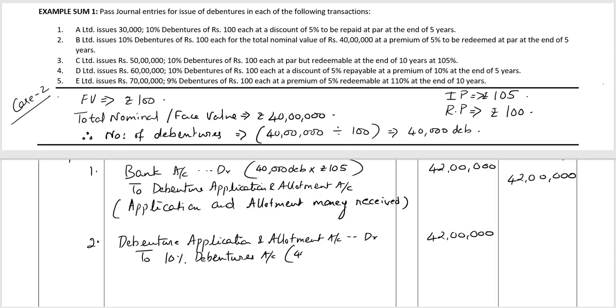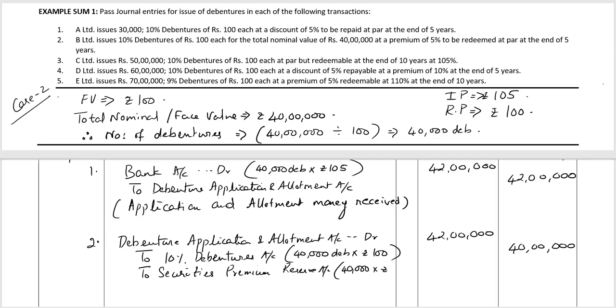Amount is the number of debentures issued, which is 40,000 debentures multiplied by rupees 100 face value per debenture, comes up to 40 lakh rupees. And to securities premium reserve account, 40,000 debentures multiplied by rupees 5 premium payable per debenture, 2 lakh rupees.